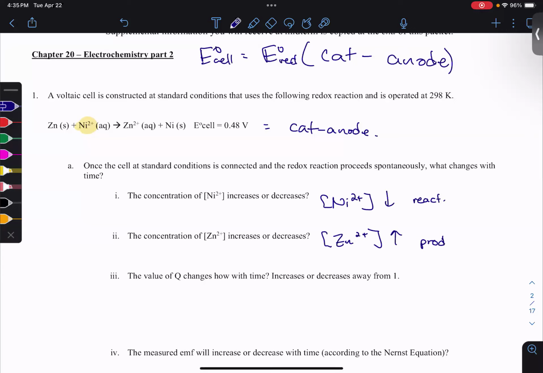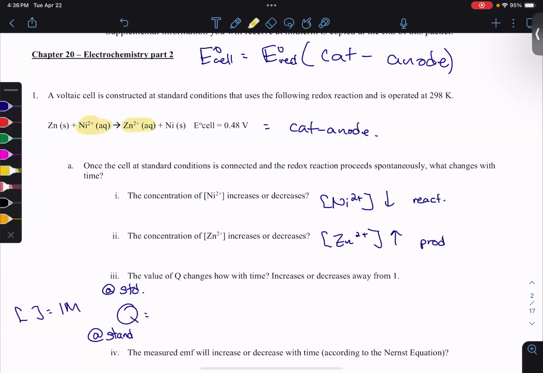All right, so at standard conditions, the concentrations of everything are what? 1 molarity. So Q at standard conditions is what? Let's calculate it. It's zinc solid, nickel aqueous. This is the same Q, K stuff as earlier.